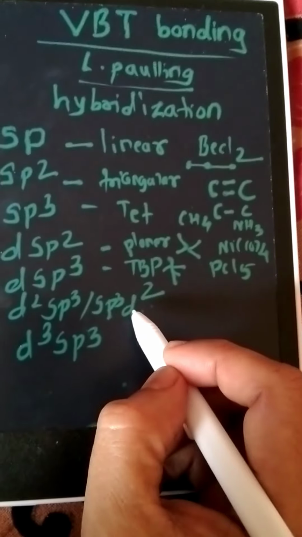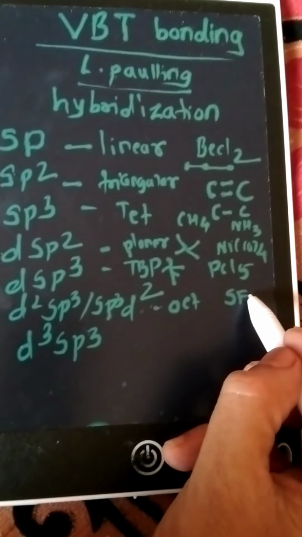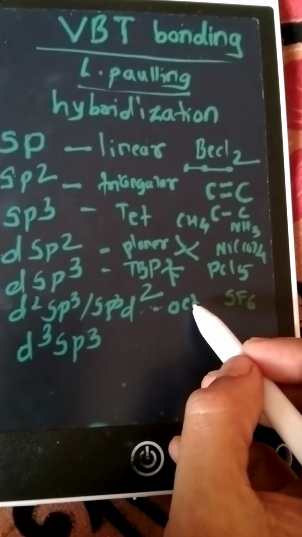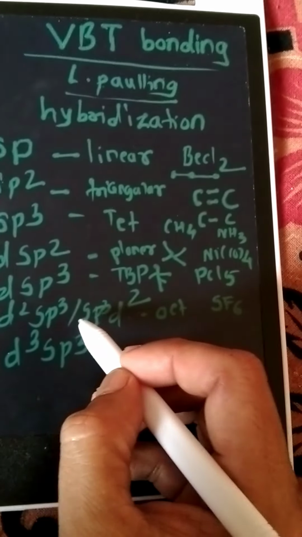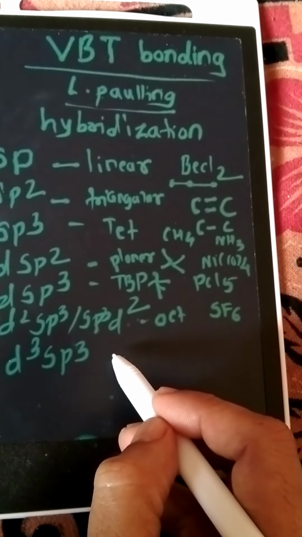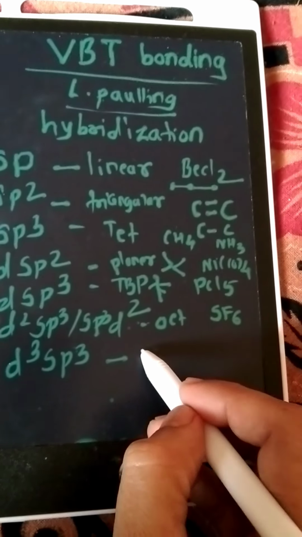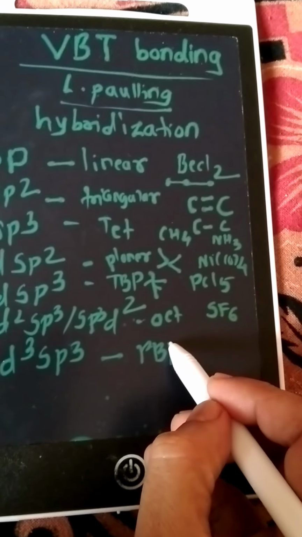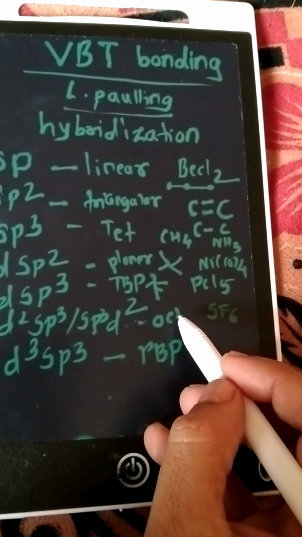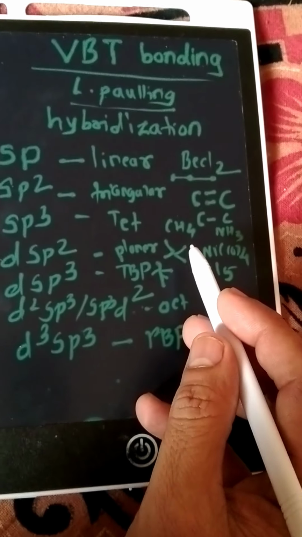Octahedral shapes arise from d2sp3 or sp3d2 hybridization, like the SF6 molecule, sulfur hexafluoride, or many complexes. Octahedral coordination complexes show this due to inner d or outer d orbital involvement. d3sp3 hybridization has a PBP structure, pentagonal bipyramidal shape. Bond angles are 90 degrees for octahedral shapes. For TBP, 120 degrees and 90 degrees. Planar contains 90 degrees.